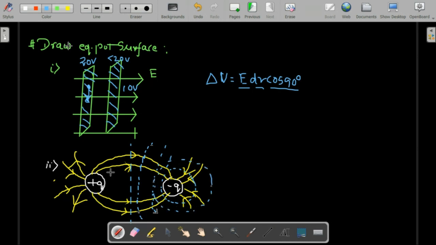These cannot cross each other, so when you draw it, you have to be very careful. It will be like this, closer to this. And if you check for the 90 degree angle, this is how the entire equipotential surface will look.